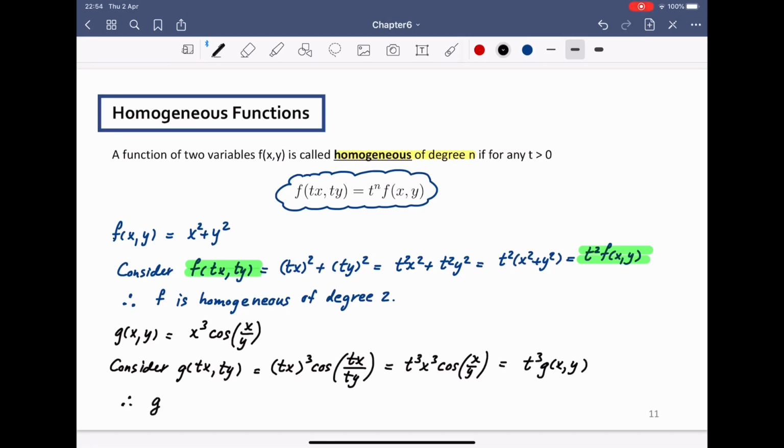That means g is homogeneous of degree 3. This is how we check if a function is homogeneous.